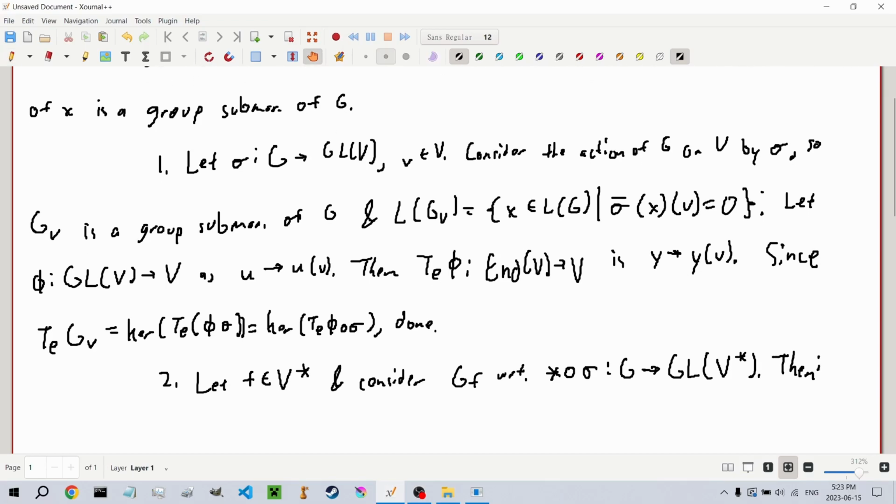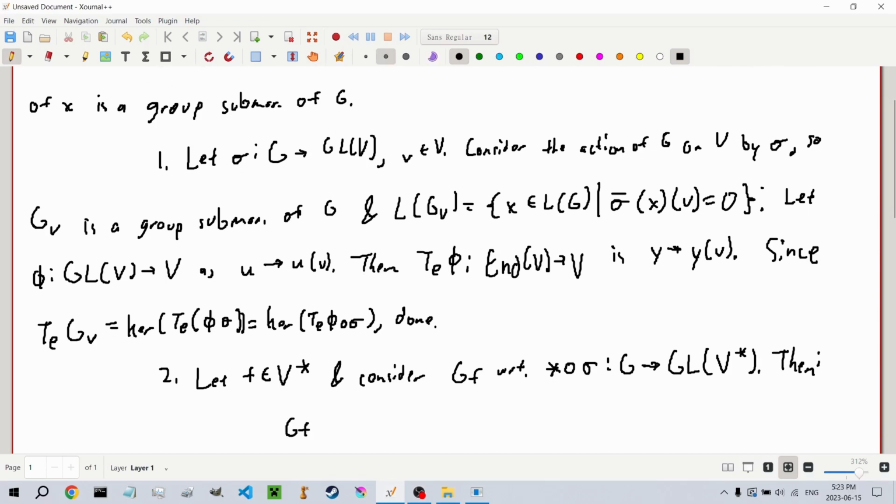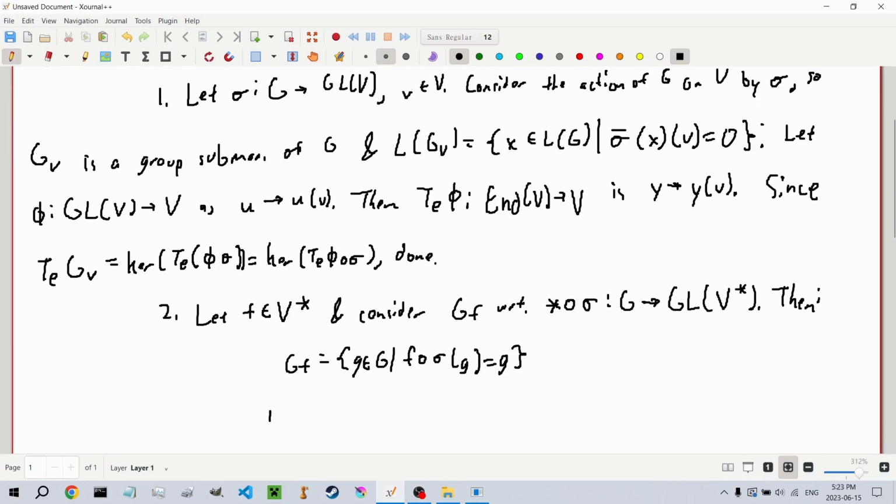Then G_f is the set of elements g in G where f of sigma g is f, and its algebra is the set of elements x in the Lie algebra of G where f composed with sigma bar of x is 0.